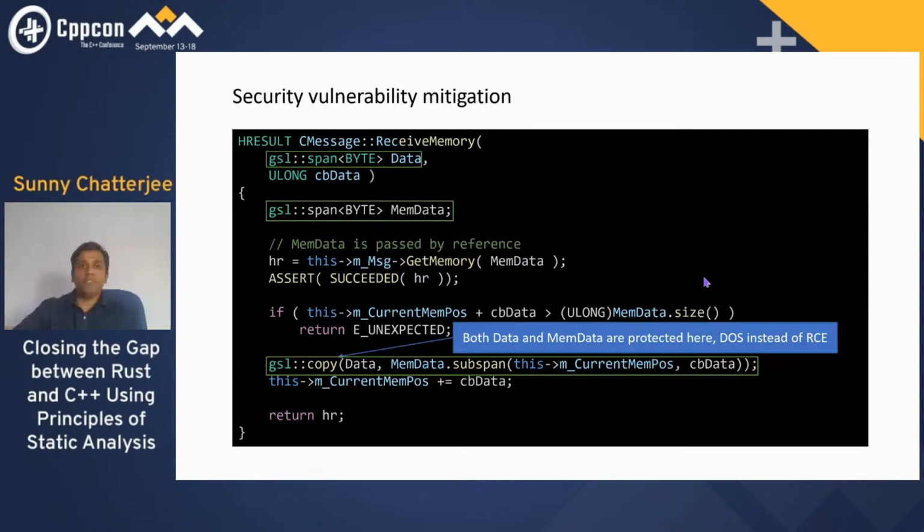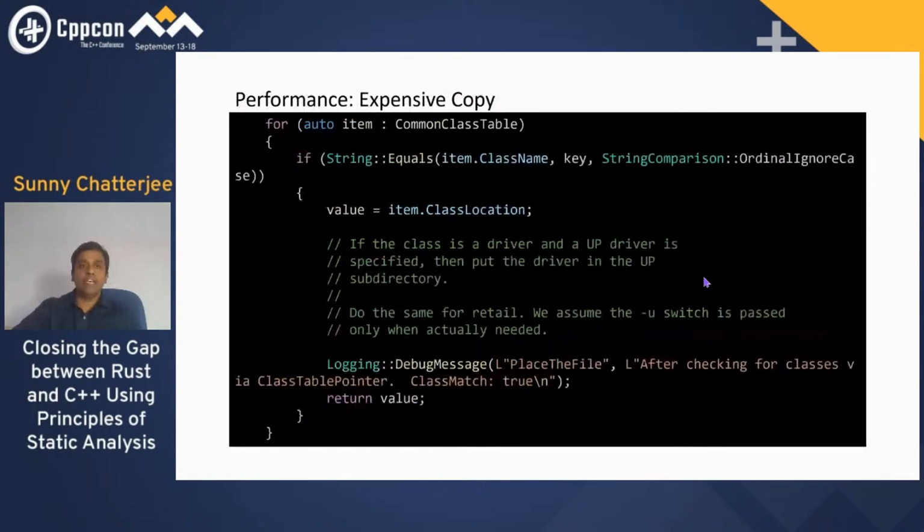So the second example I have here is for performance. Here is an example, again, where you had this common class table. It's a really expensive type. It has lots of fields in it, and you're iterating using a range for loop.